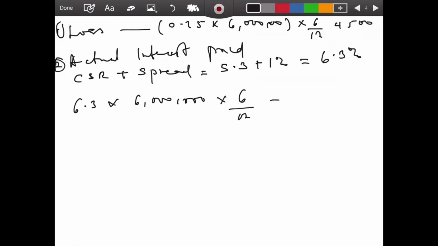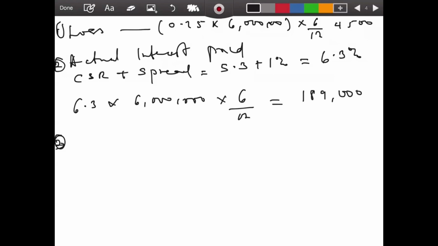That will be the 6-month interest. In monetary terms, this will give $189,000. The third thing to calculate, number 3, is the effective interest rate.